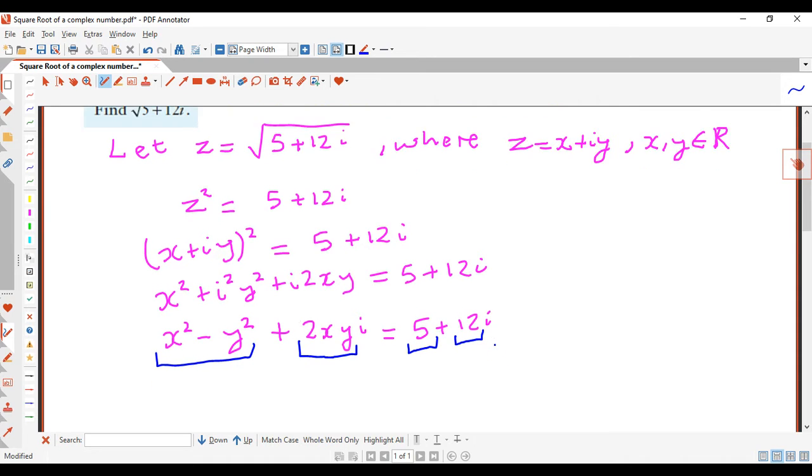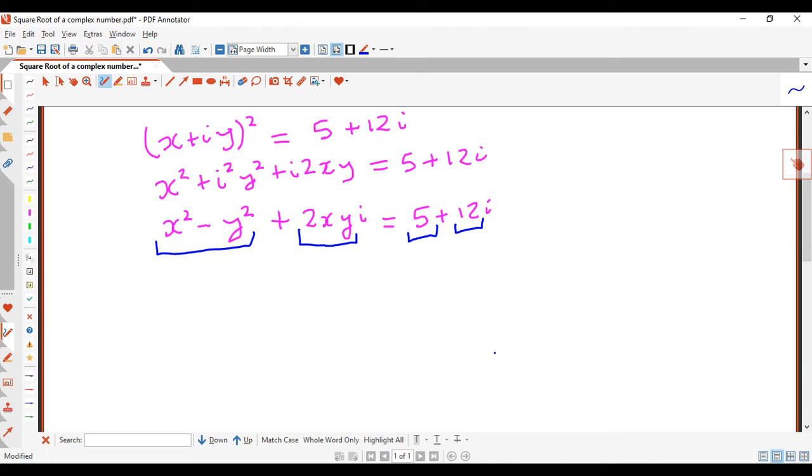So our next step is to equate the real and the imaginary parts.